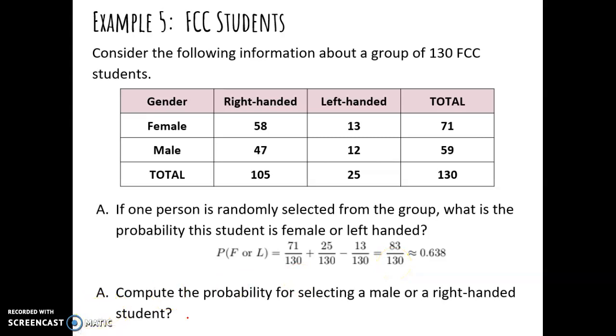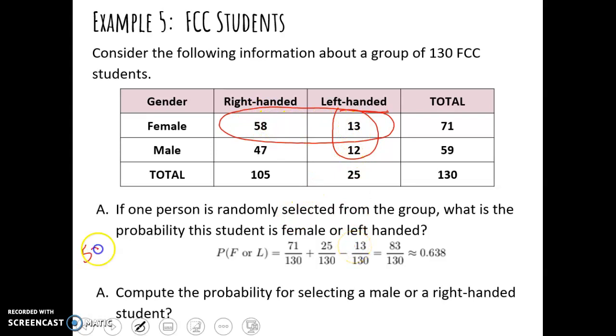Another way to look at this is to say, okay, we want female or left-handed. So I can circle all the females, then circle all the left-handed. Notice I didn't circle the totals. I'm just looking at the numbers that make up the totals. Then I can see there's 58, 13, and 12.